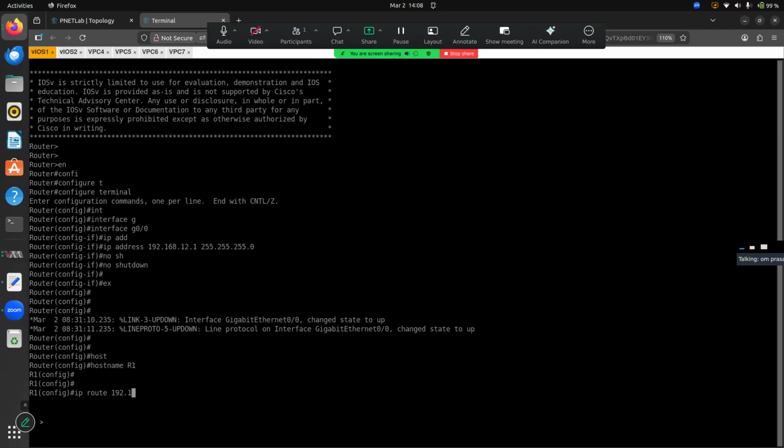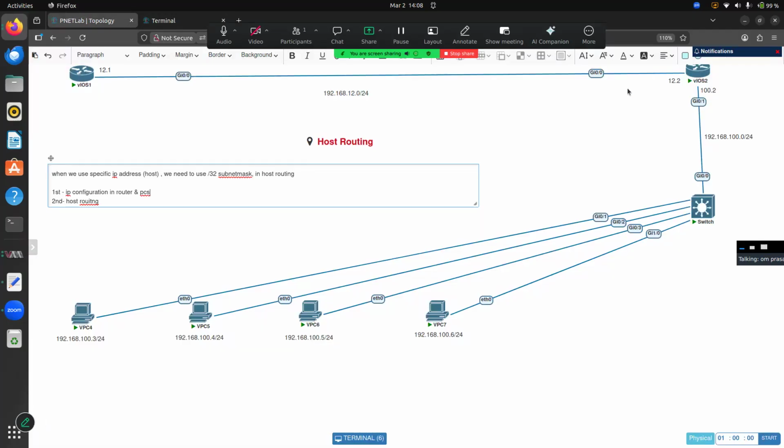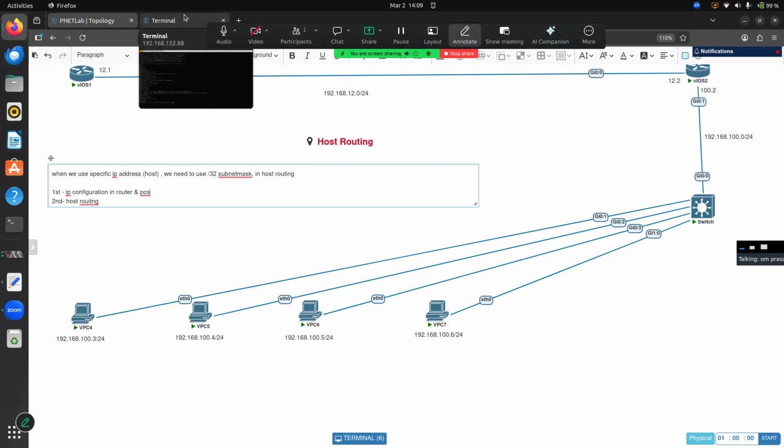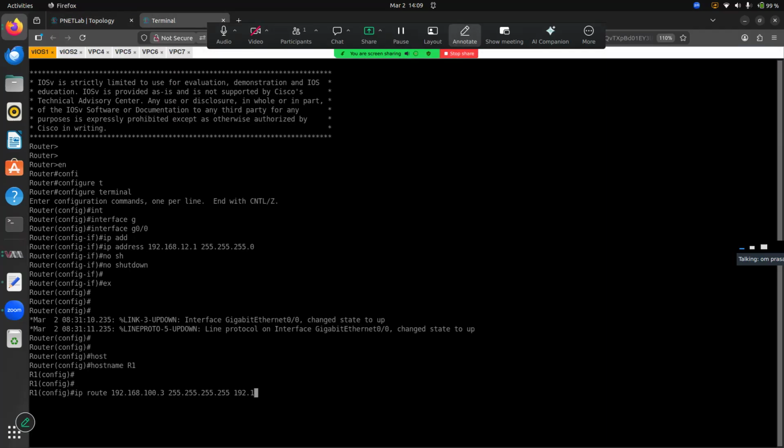So that's why 192.168.100.3, then the subnet mask. I have to give 32 here, 255.255.255.255. Then what is the next hop IP address? This is the next hop, 192.168.12.2.